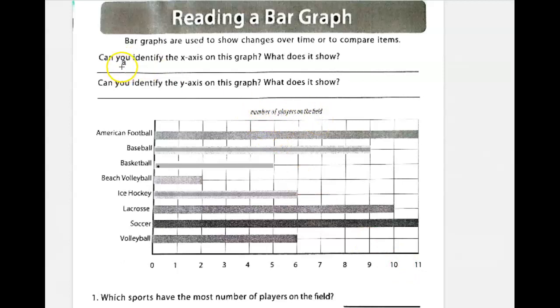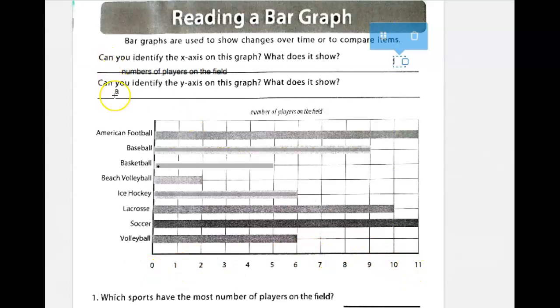Okay. So if you don't want to write it, you could just point to it, so you're aware of where it is. Remember, it's the number of players on the field. That's the x-axis. So we have 0 through 11.